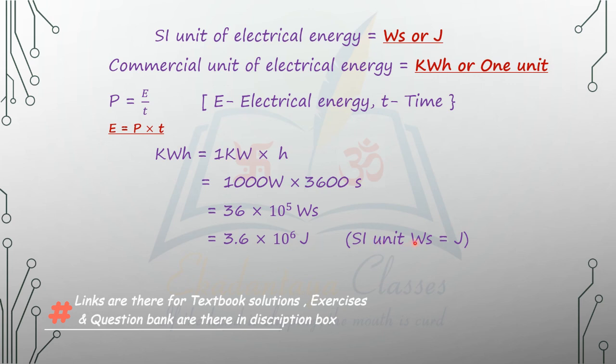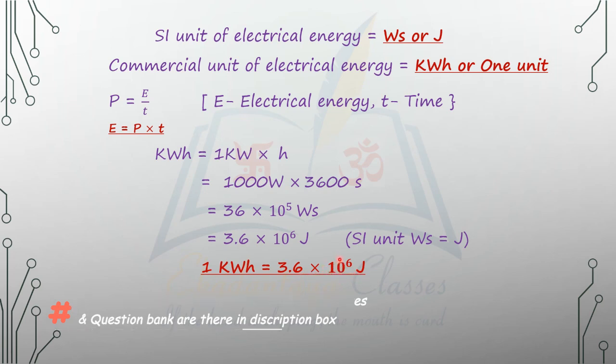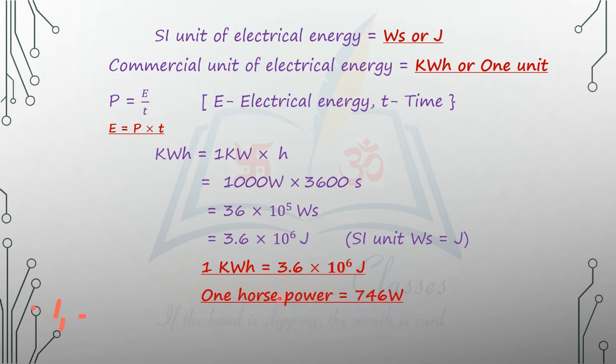So 1 kilowatt hour is equal to 3.6 into 10 raised to 6 joules. 1 horsepower is equal to 746 watt.